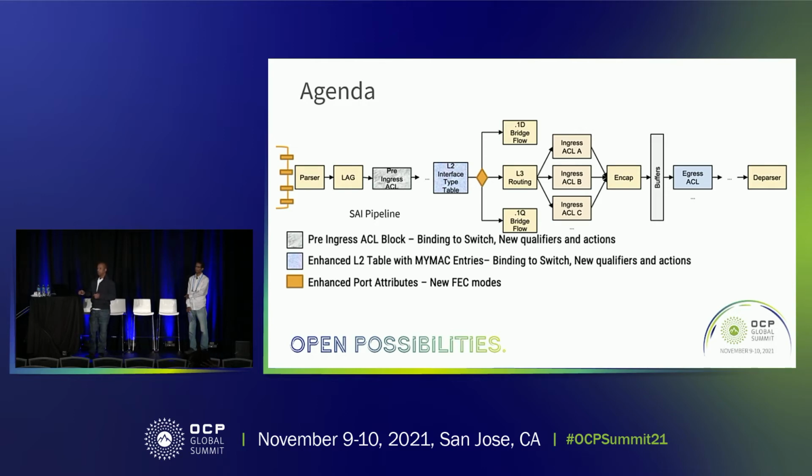The second stage which is being added into the pipeline is the MyMAC table. The MyMAC table sits very early in the pipeline, and essentially it helps to give the pipeline a hint whether the packet which is coming in should be steered for L2 lookup or L3 lookup. And these are the two most coarse granularities.